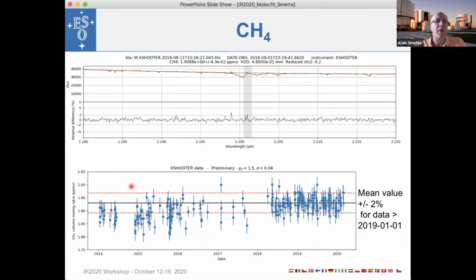It's the same for methane. In black, we have the spectrum. In red, we have the model. We have some water vapor lines also, with the amount provided by the radiometer. We can see again a small increase of methane over the years, but the values during a season or during several weeks seem to be quite constant.